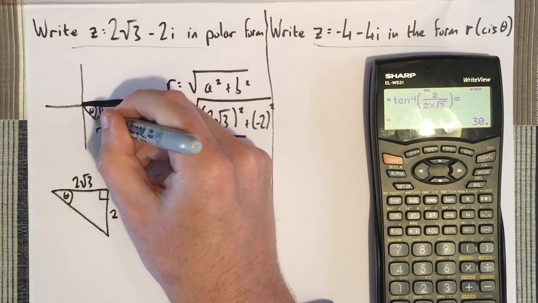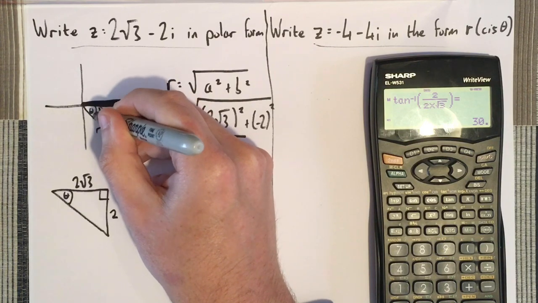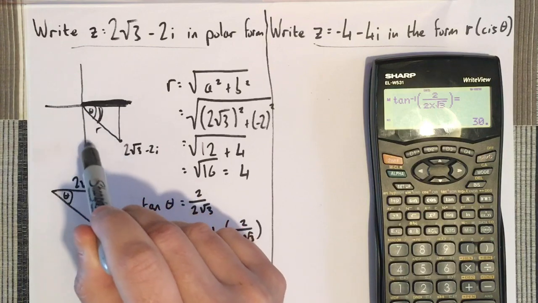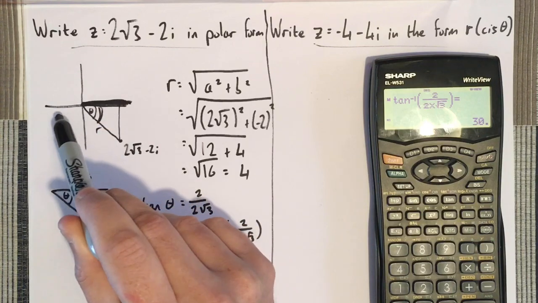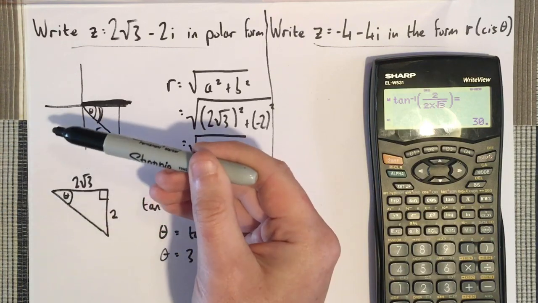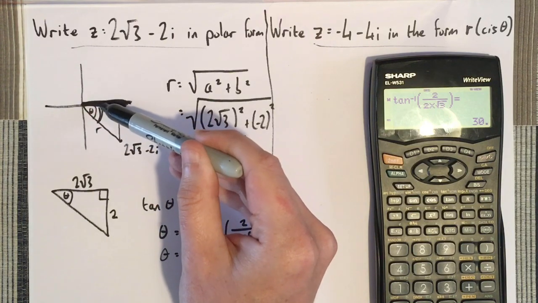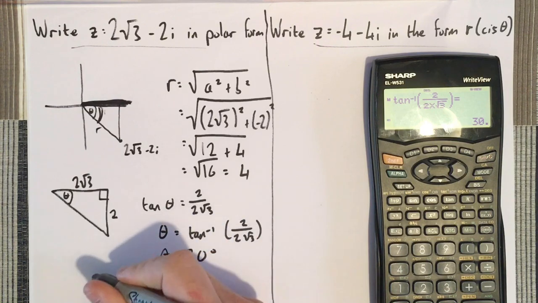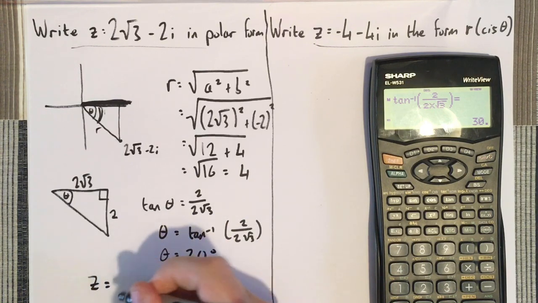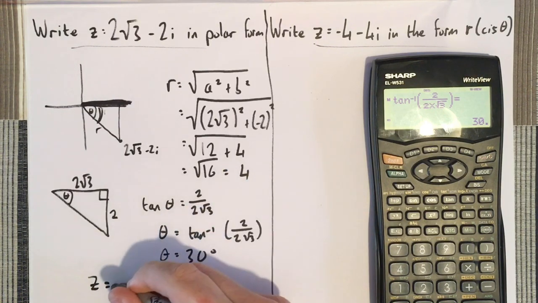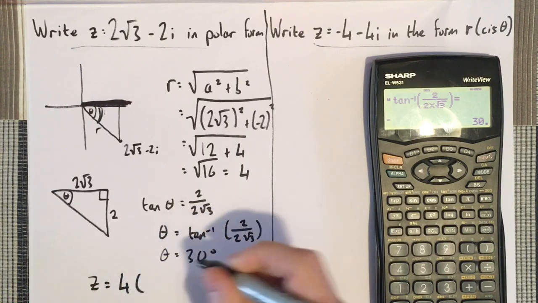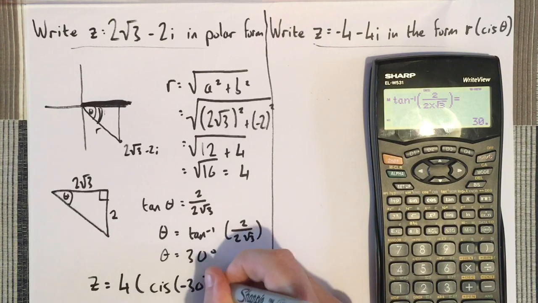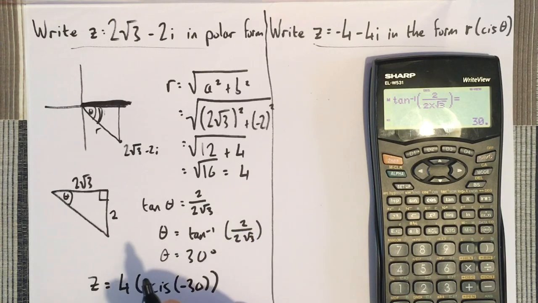So I'm actually going to say that it's minus 30 degrees. So when you're in polar form down here and down here, your angle is going to be negative and you're measuring from this line. Okay, so in polar form then, z is 4 times cis of minus 30. And that's that one done.